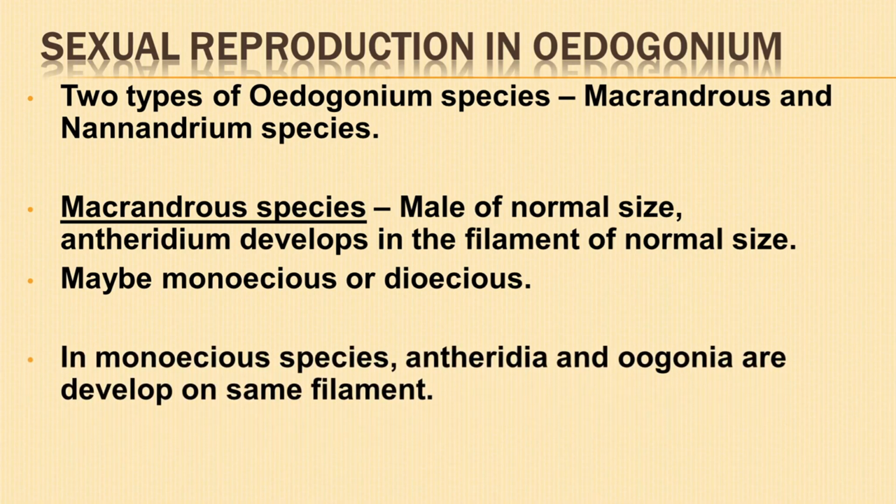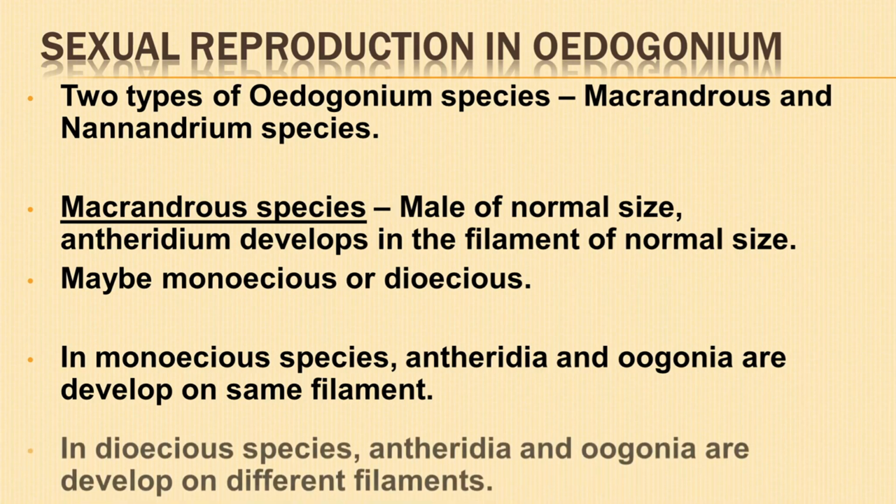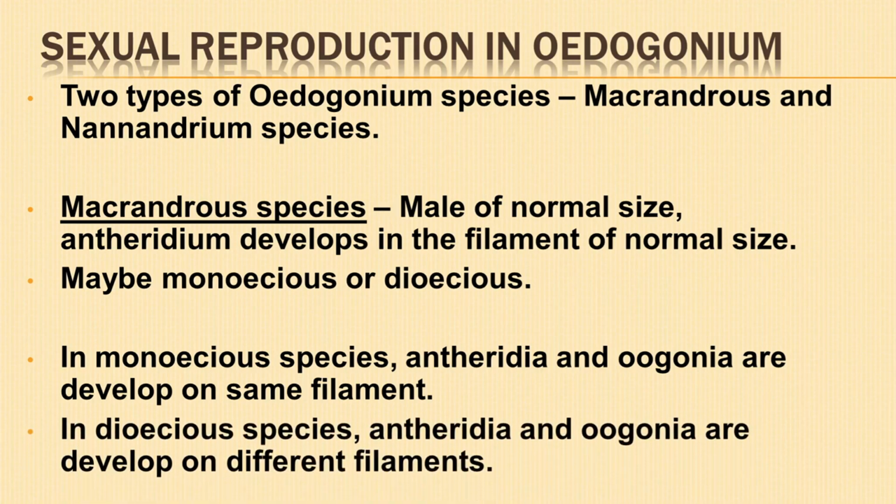In monoecious species, for example Oedogonium fragile, antheridia and oogonia develop on the same filament. In dioecious species, for example Oedogonium gracilis, the antheridia and oogonia develop on different filaments.